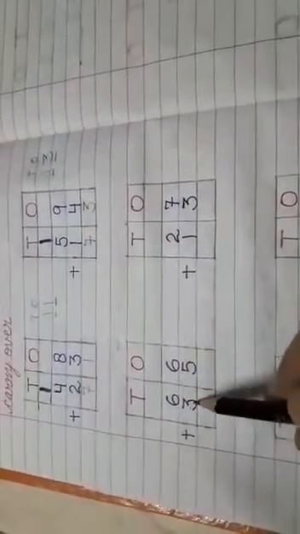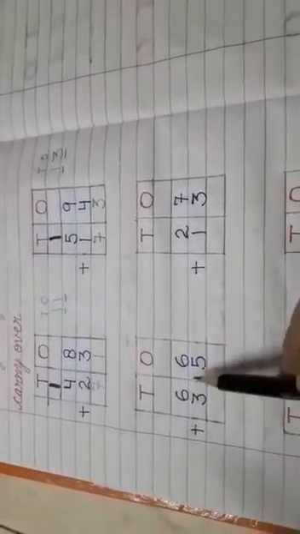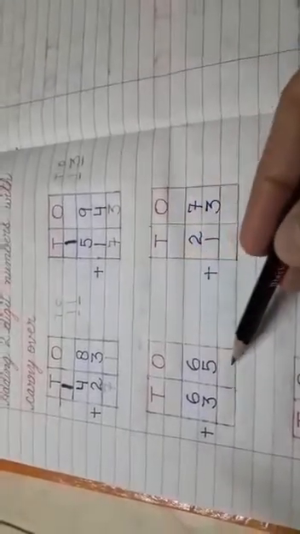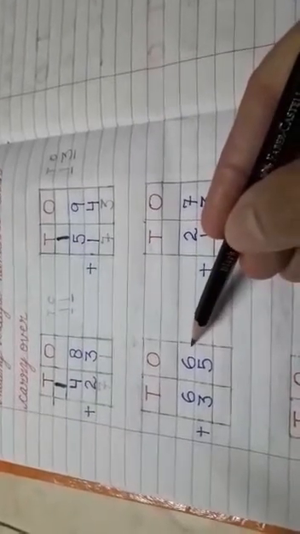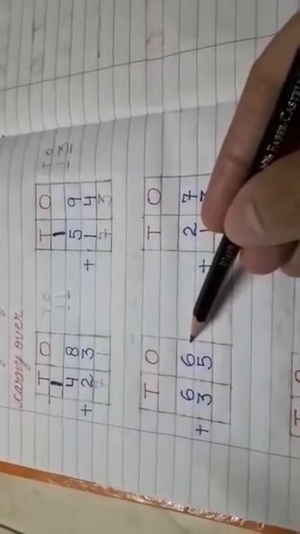Now the next sum is 66 plus 35. I have placed 6 in the tens column, 6 in the ones column, 3 in the tens column and 5 in the ones column. Now let's start adding in the ones column. 6 plus 5. 6 is the largest number, that is why we will keep it in our mind, and 5 in our fingers.